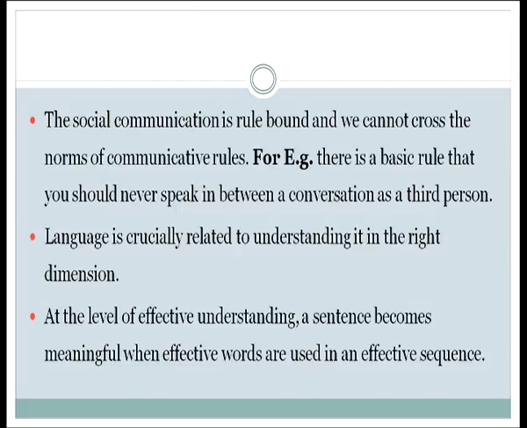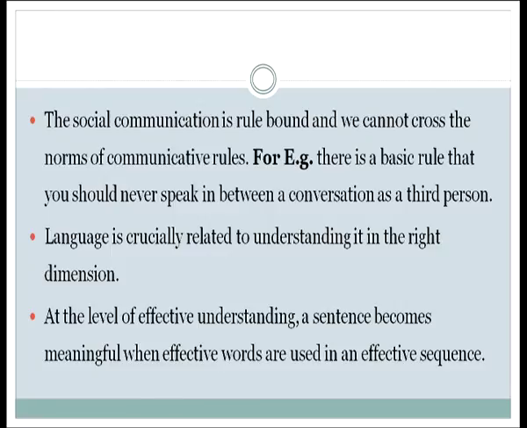When we go to a party and talk to our friends, we can talk in a very informal language. But when we talk to a teacher or somebody in authority, we talk in a very formal manner. So social communication is rule bound and we cannot cross those norms of communicative rules, right?